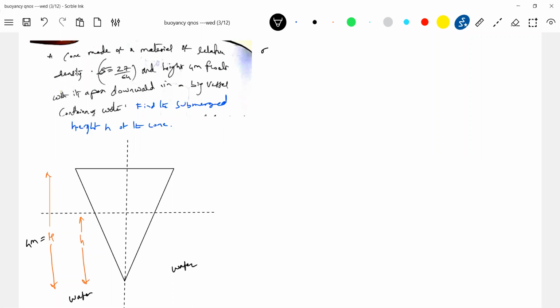The relative density sigma is equal to sigma s by rho w. So sigma s is equal to sigma into rho w. Relative density and specific gravity are all the same.